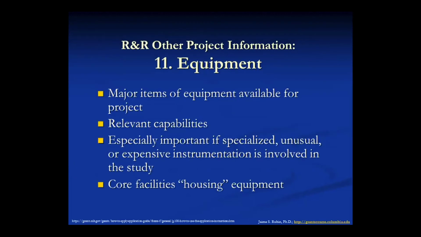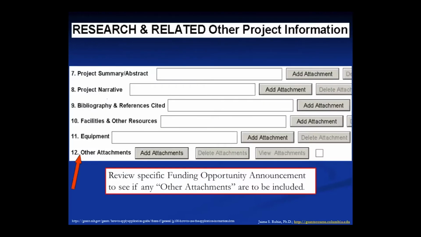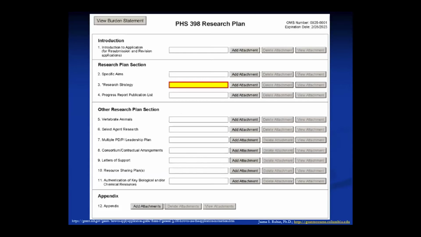So any pieces of equipment in your lab, down the hall in somebody else's lab that they'll give access to, or a core facility that houses the equipment, just demonstrating that you have sort of an extension of the facilities, if you will, that you have access to everything you need to do the research. And other attachments. So I mentioned one other attachment just a little while ago in terms of any international institutions. There might be additional other attachments required for the specific funding announcement that you're responding to. Be cognizant of that.